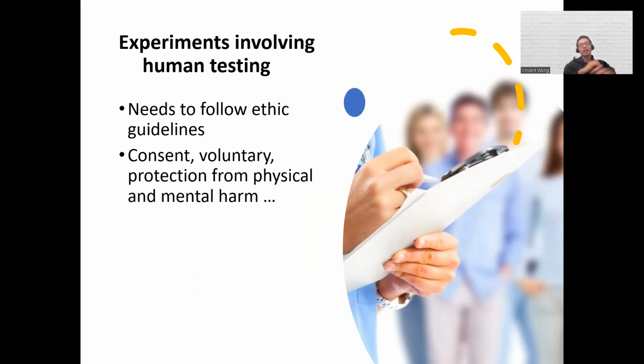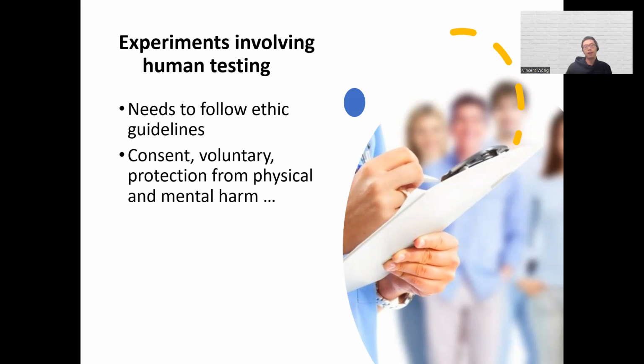Now we're going to move on to experiments involving human testing. That is complicated when you involve humans, because we need to have higher standards when it comes to human subjects compared to experimenting with plants, or in some cases animals.